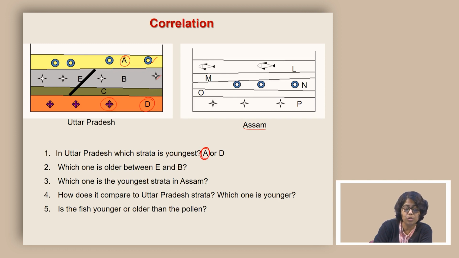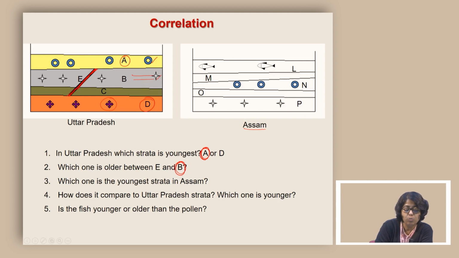Now, the question is which one is older between E and B. E is the cross-cutting relationship, and because a cross-cutting relationship happens after the formation of the strata, E has to be younger than the strata B. So, between E and B, B has to be older.